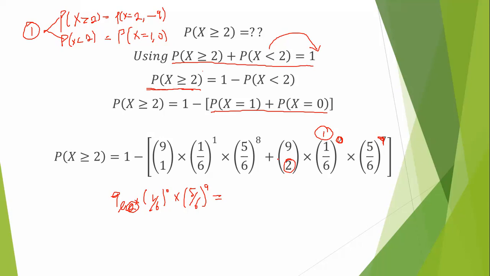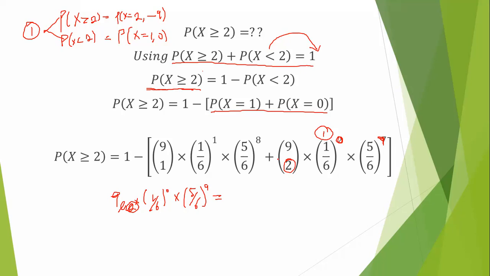Nine combination 0 is 1. It is 1. Yes, that was the mistake. Okay.